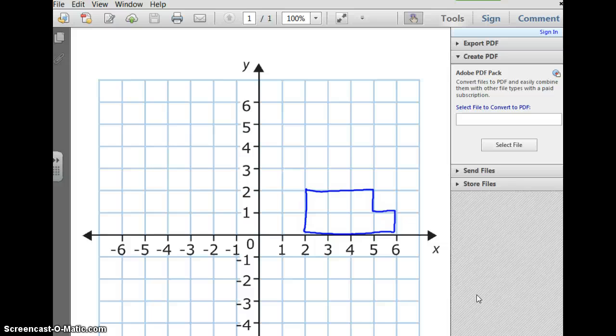Then I'd like you to move it down 3 and right 1 with a different color. Choose a starting corner. It doesn't matter which corner it is. You can pick any corner you want.